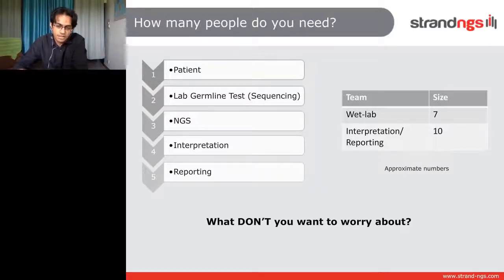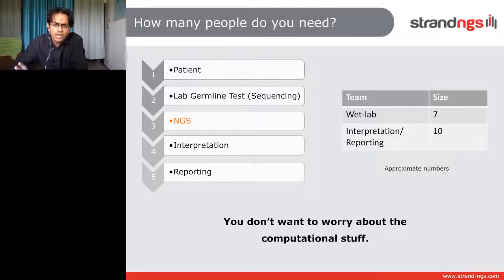And if you're the PI of a clinical genomics lab, there is something that you definitely do not want to worry about. And what is that? You don't want to worry about the computational stuff, right? You just want the computer stuff to just happen on its own, right? Maybe you want to buy a server or something, and somehow offload the work that you have in the software itself, because according to you, it should be automatic.